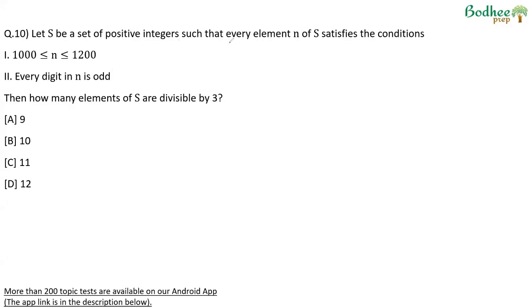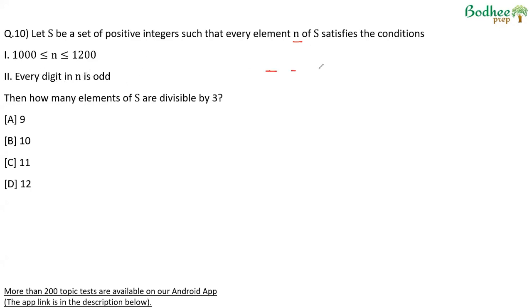Let S be a set of positive integers such that every element n of S satisfies the condition. The number is from 1000 to 1200. Every digit of n is odd.